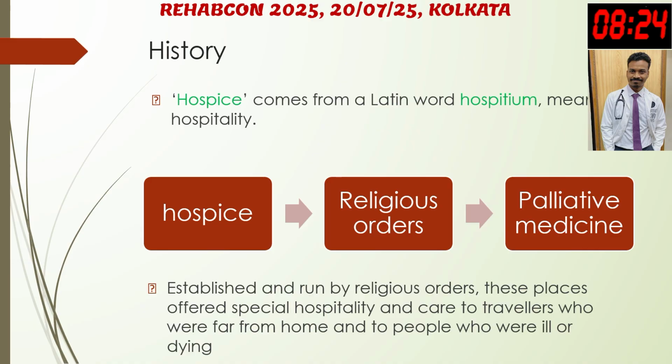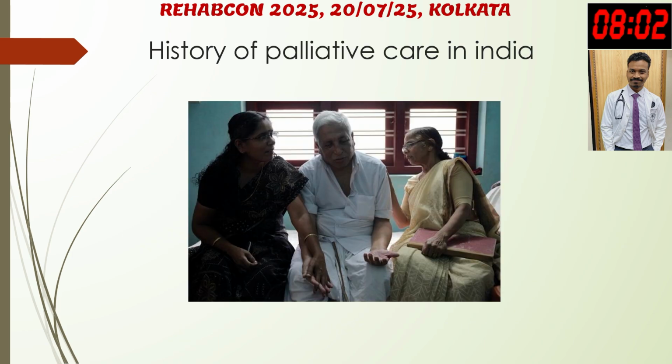We had guest houses used by religious orders to offer special hospitality to travelers and pilgrims who might have felt sick, and they were taken care of at those places, and also the ill and dying patients.